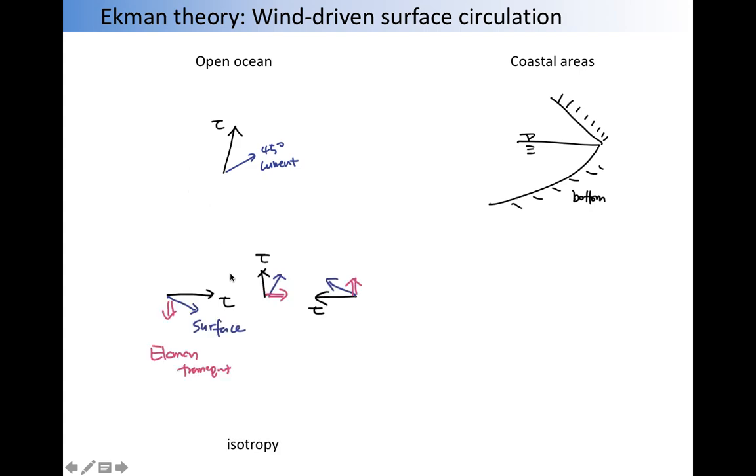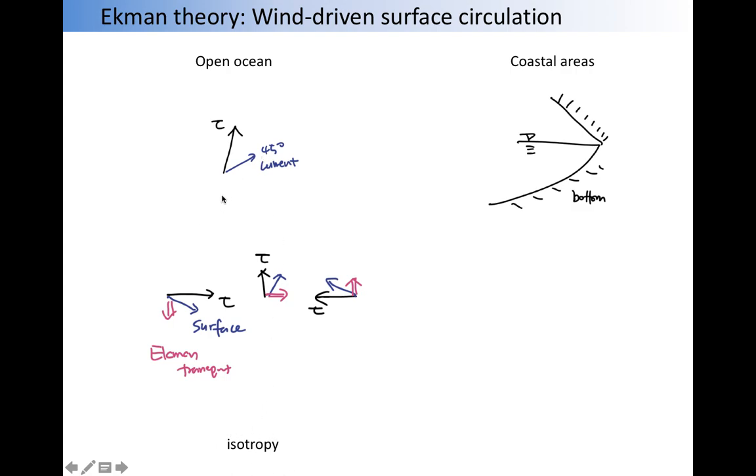I prepared it this way. Wind direction east, north, west. What will be the surface current in the northern hemisphere? 45, 45, 45 to the right of wind direction. And also Ekman transport will be integrated by that. Infinite depths, you can see it's to the right of the wind direction, 90 degrees. We call this isotropy.